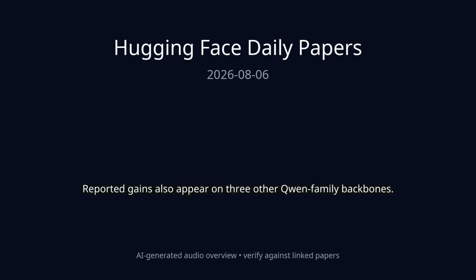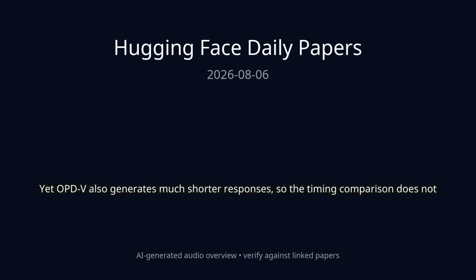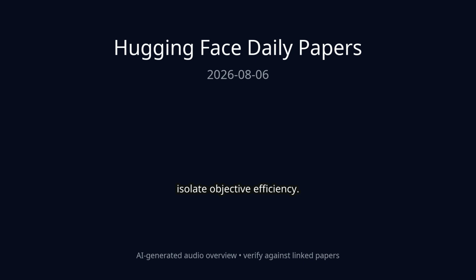Reported gains also appear on 3 other Qwen family backbones. Training steps are faster than OPSD in the measured 4 GPU setup, 240 rather than 352 seconds for the 4 billion parameter model. Yet OPD-V also generates much shorter responses, so the timing comparison does not isolate objective efficiency.